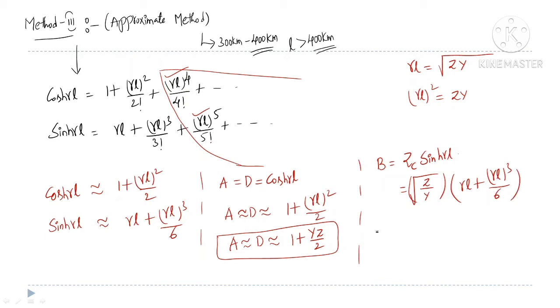By multiplying this and simplifying, you will get the B value as Z into 1 plus yz by 6. This is the B value. So A, D is 1 plus yz by 2, B is Z into 1 plus yz by 6. And let me find the C value.